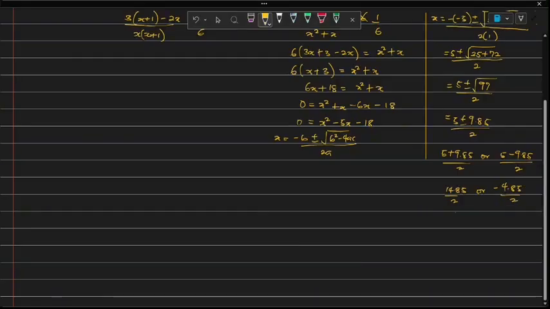What do we have as our final answers? 14.85 divided by 2 gives us 7.425. So x is equal to 7.425, or negative 4.85 divided by 2 leaves us with negative 2.425, and we have found x.